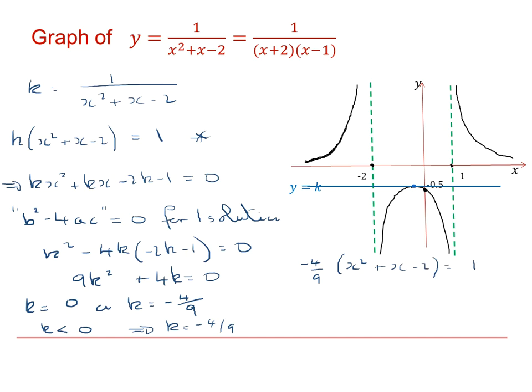If you solve that, by multiplying out, you should be able to get to 4x squared plus 4x plus 1 is equal to 0.